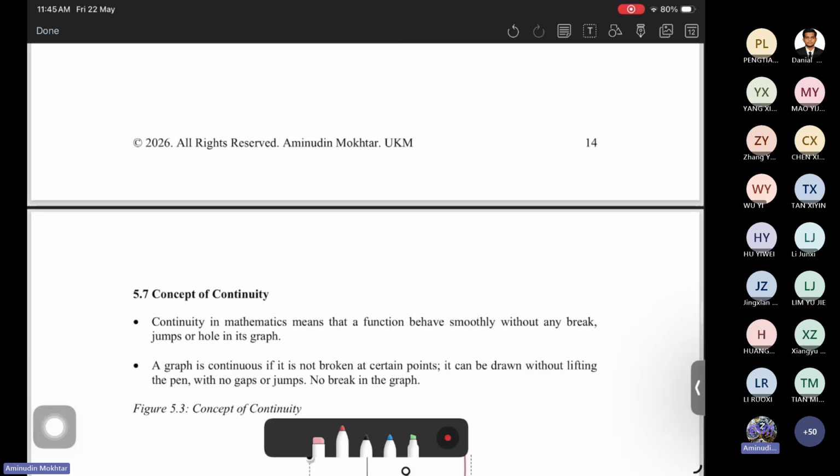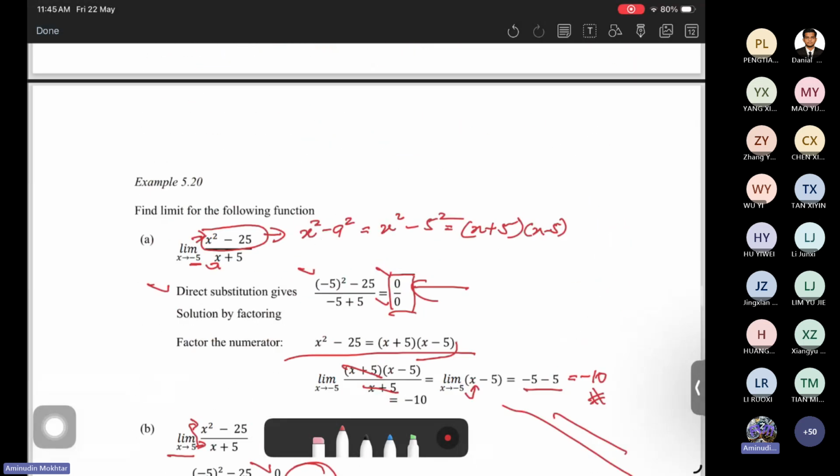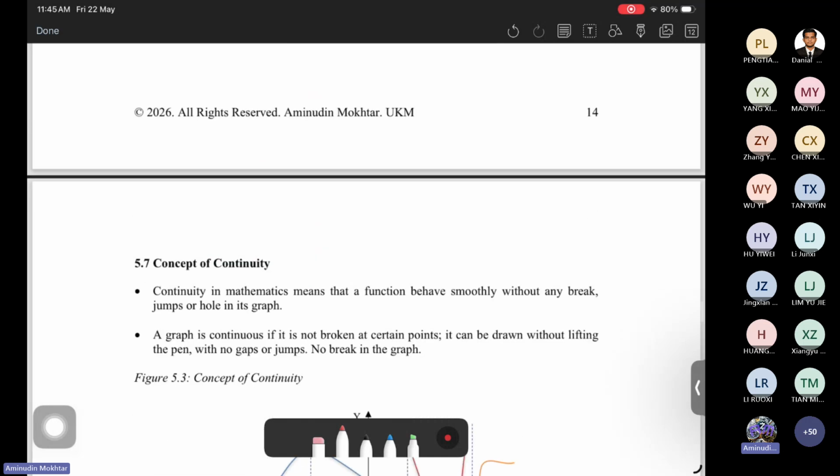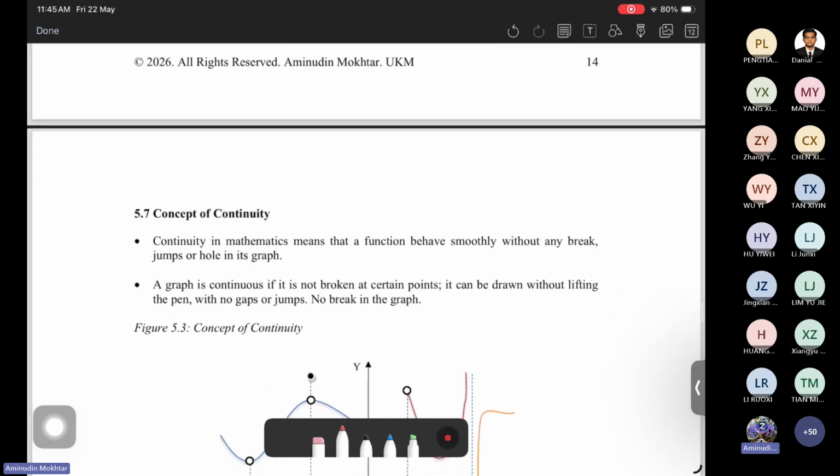Okay, that's all for the first part of this topic. For the second part, I will continue with the concept of continuity. This concept is also closely related to the limit. In continuity, we will apply the concept of limit, but I will explain this concept next week in our online replacement class on Friday.